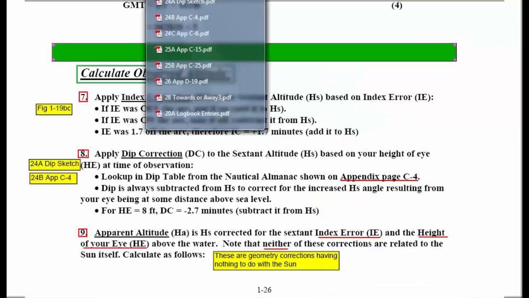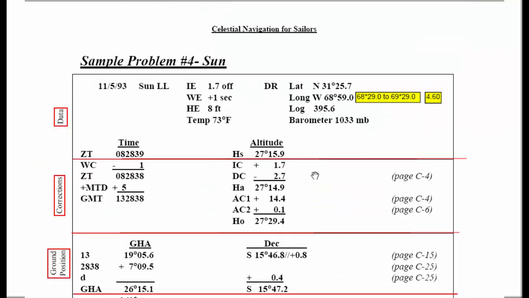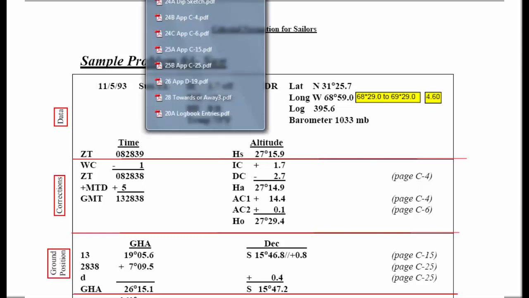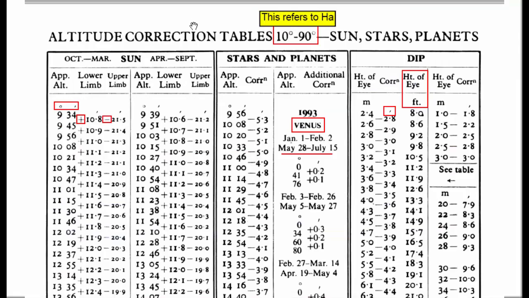This part of the calculation tells you that your dip correction is shown on page C-4. That's page C-4 in Appendix C, and it comes out of the Nautical Almanac. So let's look at that, C-4, and that's shown here.